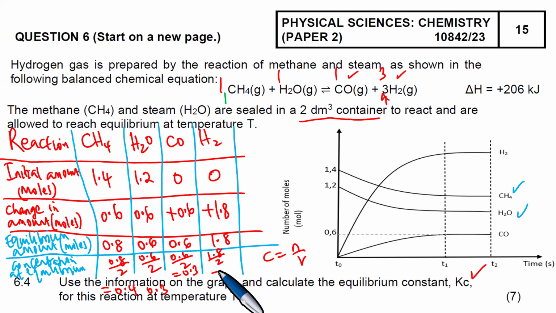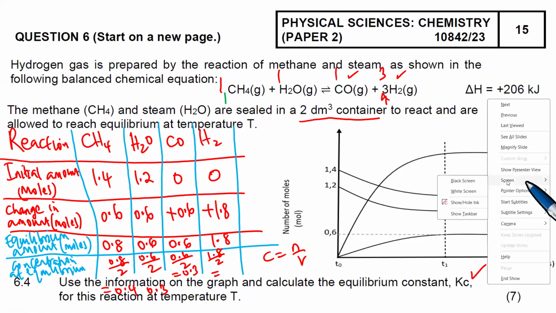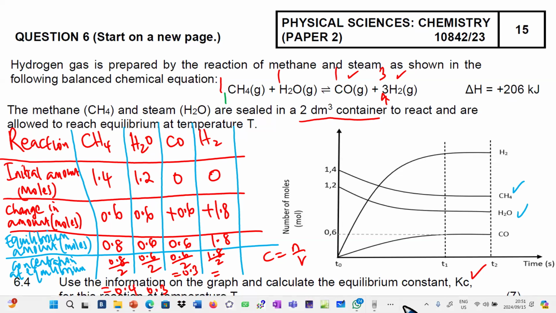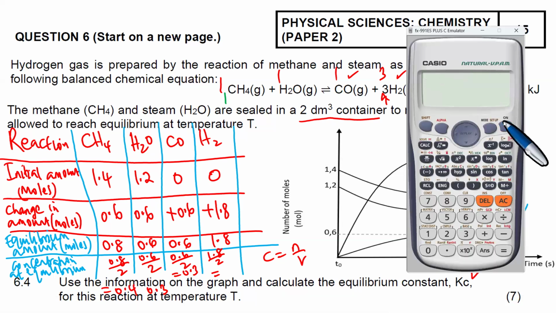1.8, you divide by 2. If you divide 1.8 by 2, you get exactly 0.9. I know you can quickly guess that one.